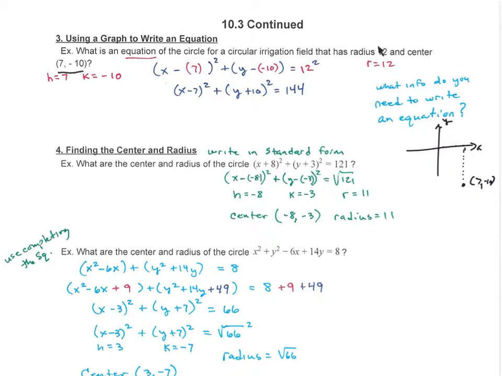And our radius is 12, and we know that our radius is going to be squared, which is 144. And there you have it. So that is using the graph to write an equation. The information you need to write an equation, hopefully you have the center and the radius, because that is what you're going to need in order to create the rest of that equation.